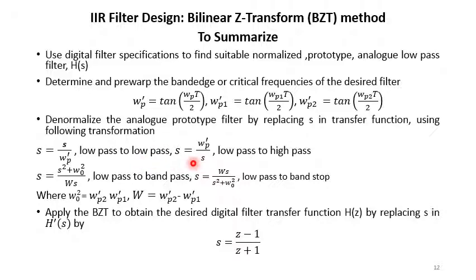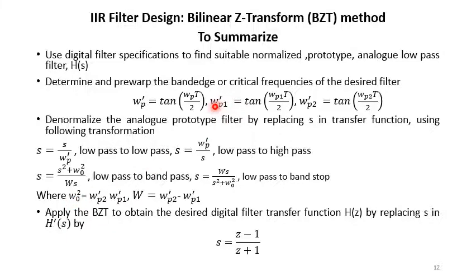For the high pass filter, we replace S by omega prime P divided by S. Similarly, for the band pass filter, we replace S by S square plus omega naught square divided by capital omega S. And for the band stop, we replace S by capital omega times S divided by S square plus omega naught square, where omega naught square is an additional term.